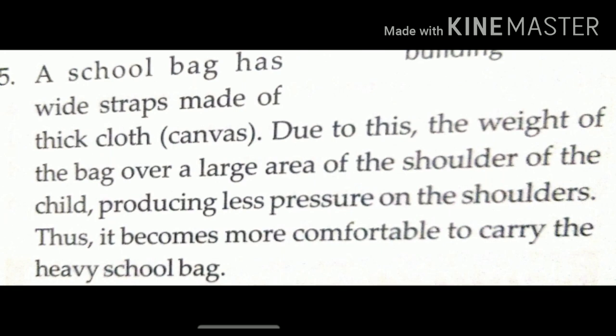A school bag has a wide strap made of thick cloth so that the weight of the bag may fall over a larger area of the shoulder of the child, producing less pressure on the shoulder. And due to less pressure, it is more comfortable to carry the heavy school bag.